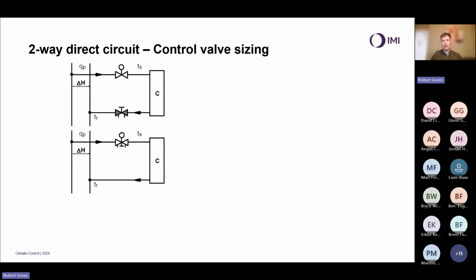So let's have a look. We're going to look at both of these circuits together. How would we size the control valve for each of these circuits?